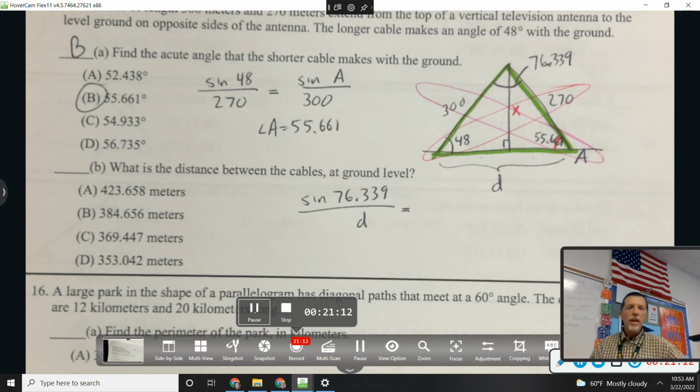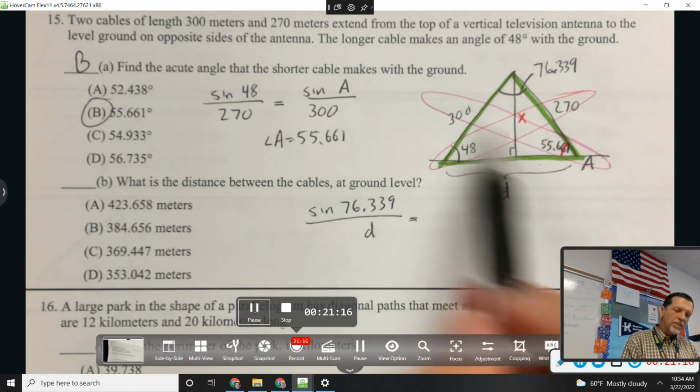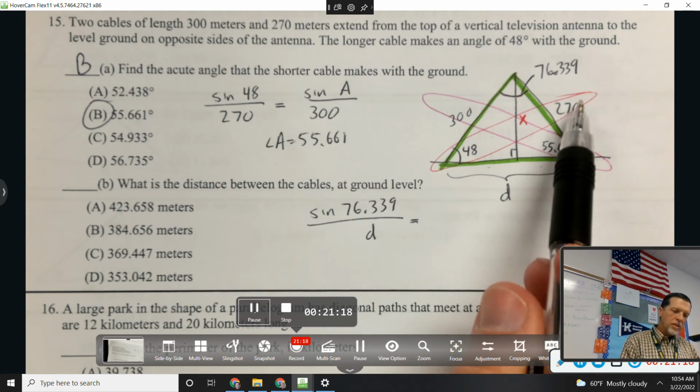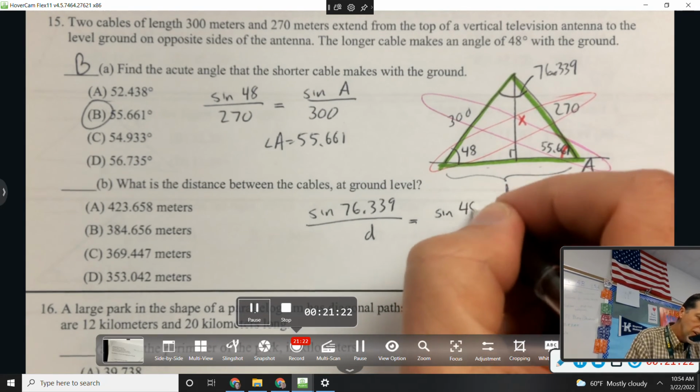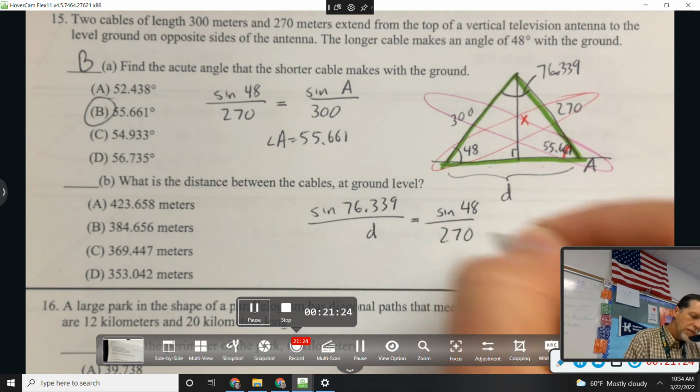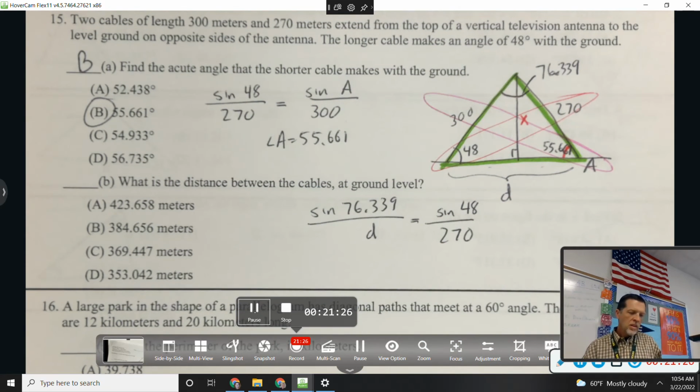And then we can set that equal to either of the other two, but probably best to use the easier one, sine 48 over 270. And I'll leave that alone. You can finish the rest of that.